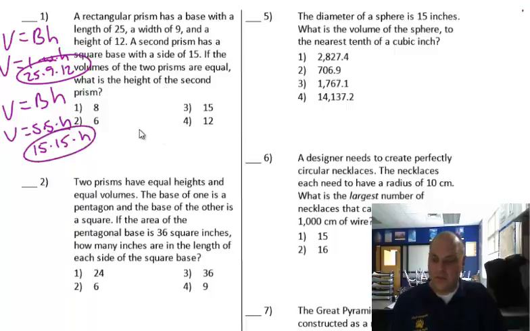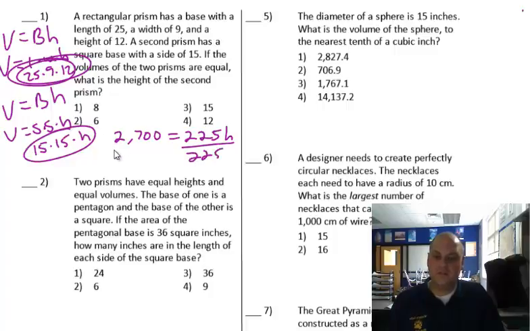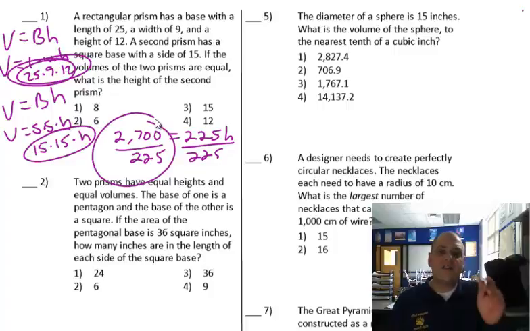This right here is 2,700 equals 225h. And then divide by 225. So 2,700 divided by 225. Just get your phone out, or if you don't have a calculator at home, turn it to the side and you get scientific mode. You don't even need that for most of them, but anything with exponents you do. And then just put everything in, make sure you're getting the right answers. You should get h equals 12. So it is choice 4.